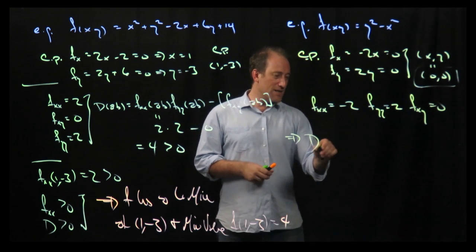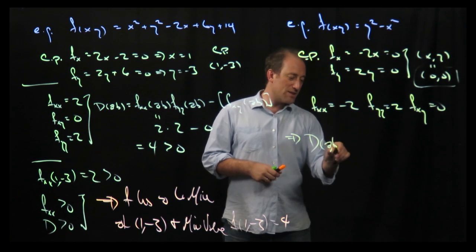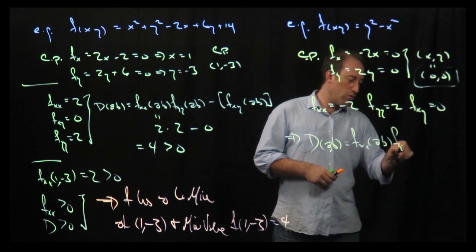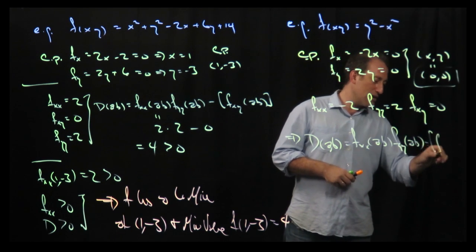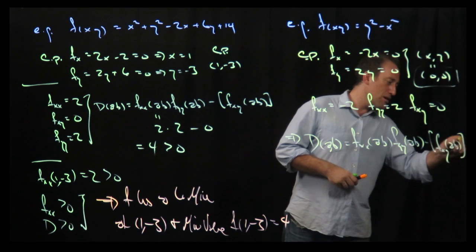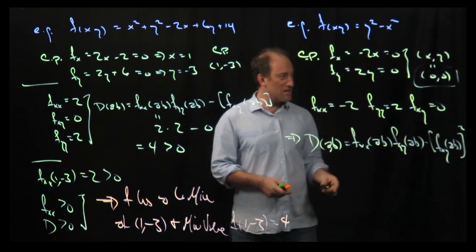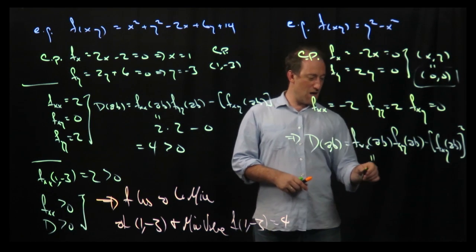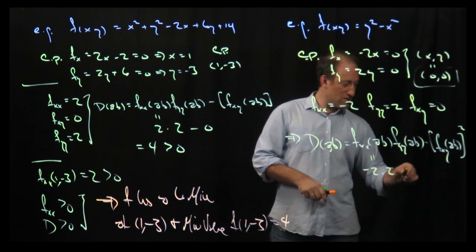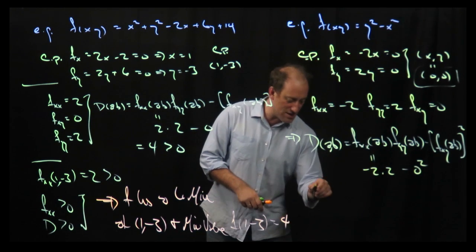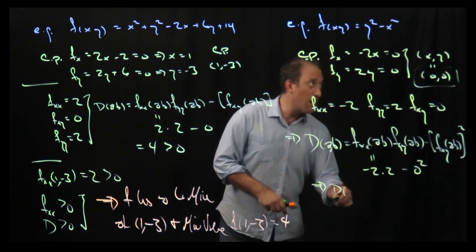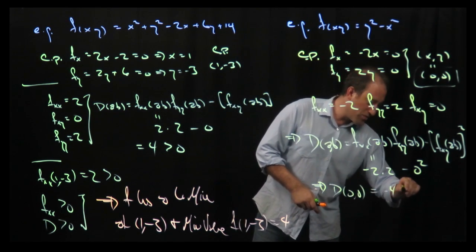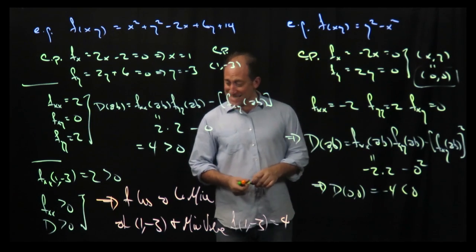So D of any point (a, b) will be f_xx(a, b) times f_yy(a, b) minus f_xy(a, b) quantity squared. But again, the (a, b) makes no difference here. These are awfully simple examples. This is a minus 2, this is a 2, this is a minus 0 squared. So in this case, D of any point, let alone the critical point (0, 0), will be minus 4, which quite clearly is less than 0.